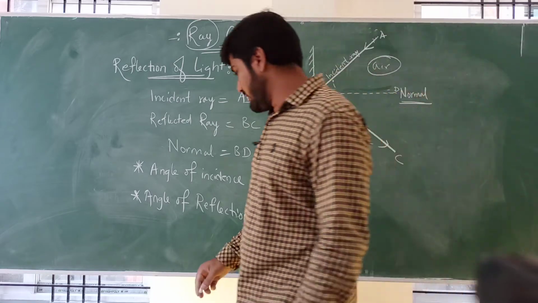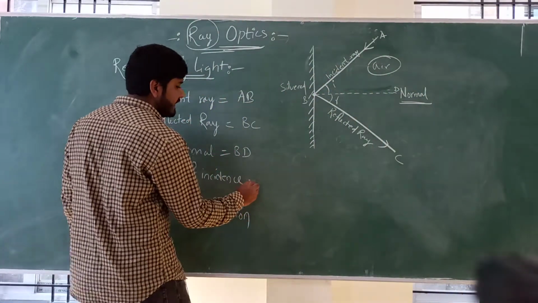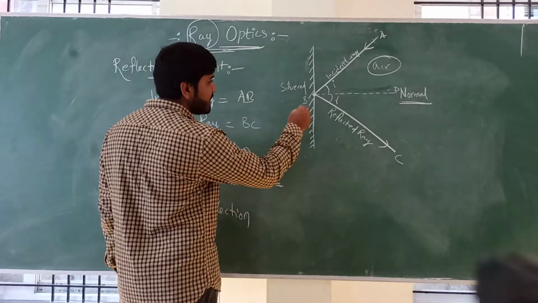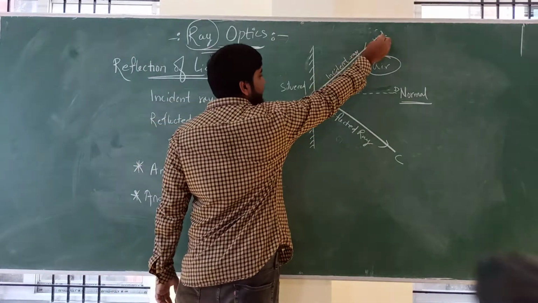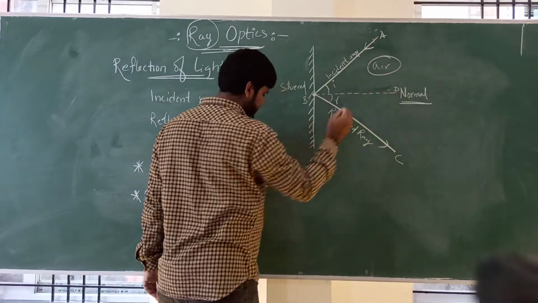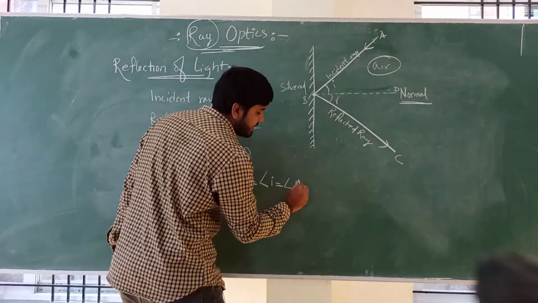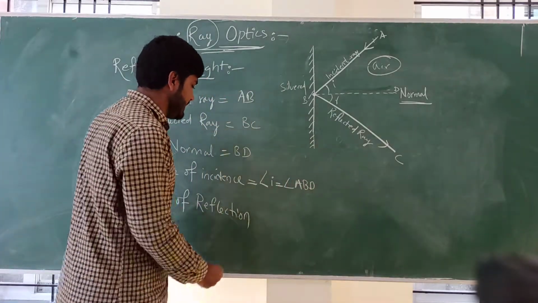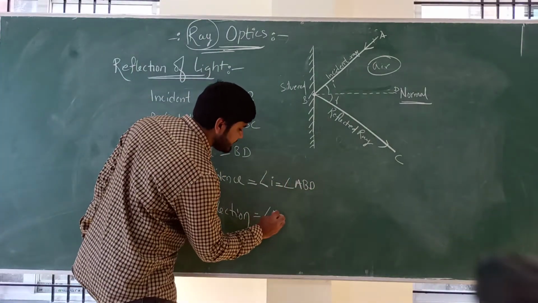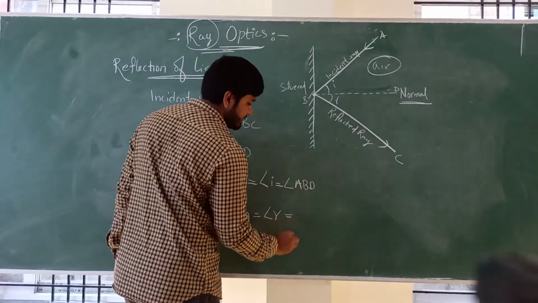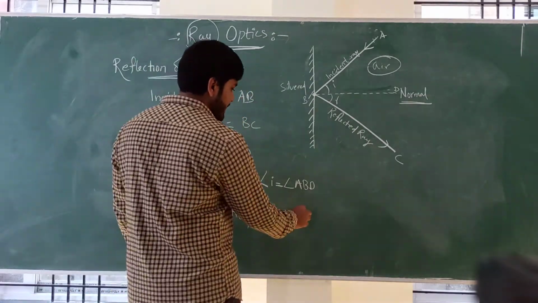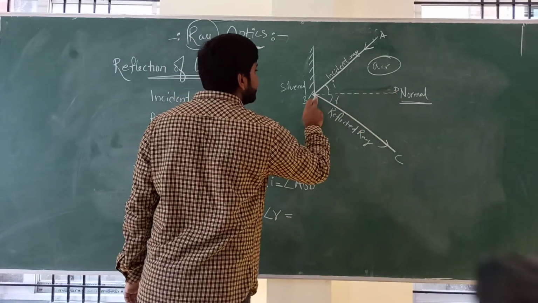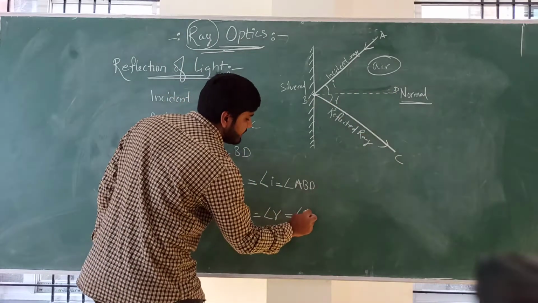Okay, now from figure we can tell that angle of incidence is nothing but angle I. So in figure, what is angle I? Angle ABD. Angle ABD is angle of incidence. Again, angle of reflection is nothing but angle R. So angle R is angle DBC.